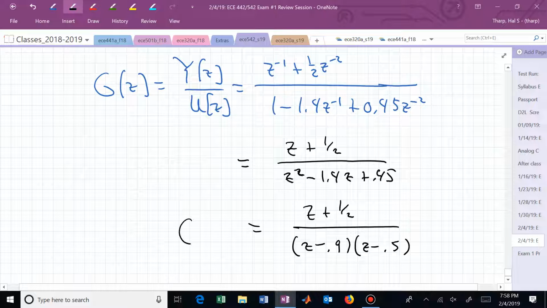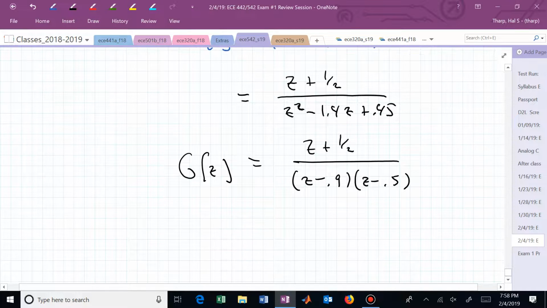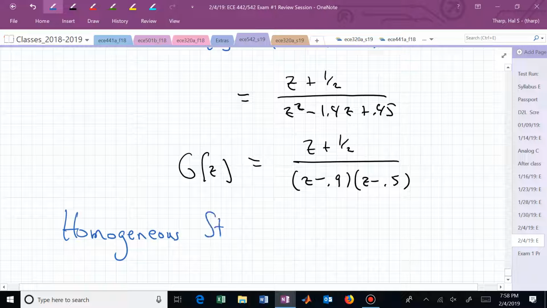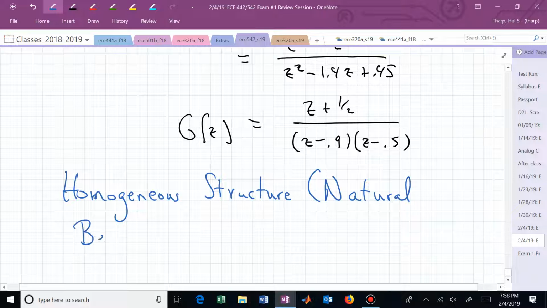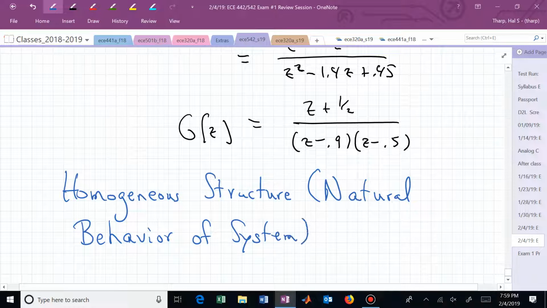If that's now our transfer function, g of z, what's the homogeneous structure or the natural behavior of the system? What's the structure of the homogeneous solution?